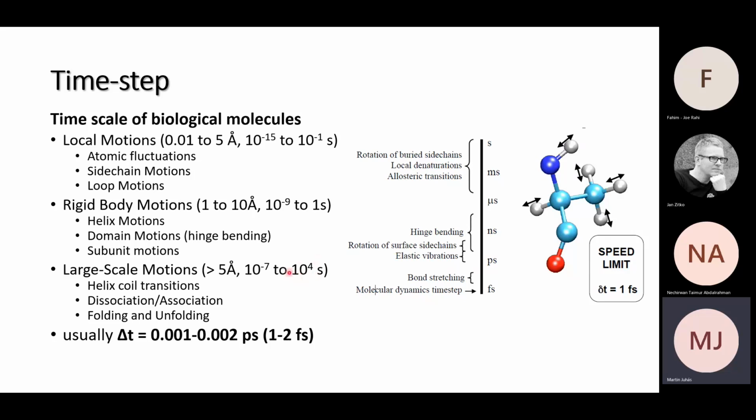So as I said before, we can maybe go to milliseconds. So we should be able to simulate finally even these large-scale motions. But a few years before, we were hardly able to simulate side chains and loops.